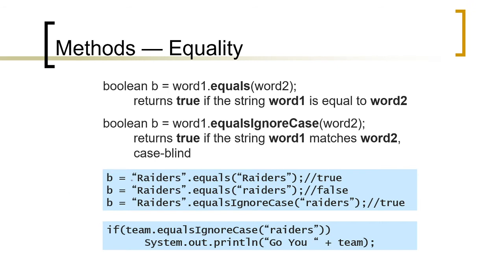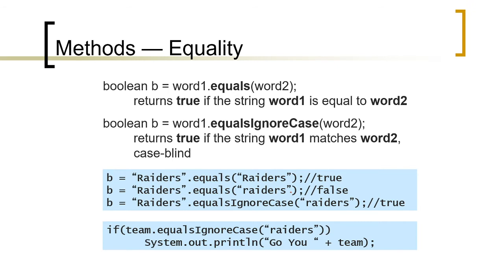Example, we have "Raiders" that equals "Raiders", also with the same capital letter R, so of course it will return true. We have "Raiders" with capital letter R as word 1 that equals "raiders" with a small letter r, and that will return false. And then "Raiders" that equalsIgnoreCase "raiders" with a small letter r will return true, because the case, uppercase and lowercase, is ignored.